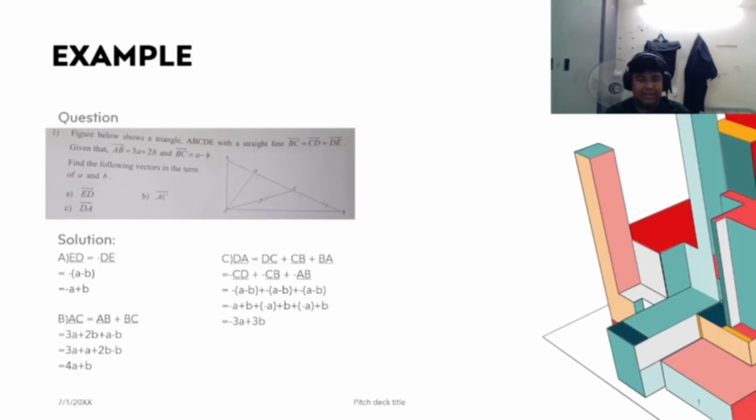For the next question, vector DA. The equation will be like this: vector DC plus vector CB plus vector BA. The three vectors need to be inverted. So we will get negative 3a plus 3b.